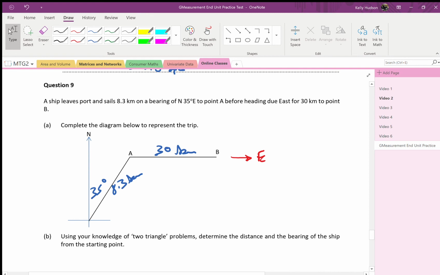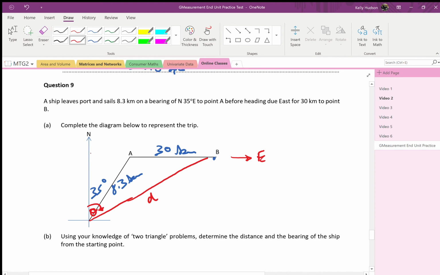So what we're going to do first is work out the bearing from the start, from here around. We'll put another line in here. I'll do it in red just to make it clearer. We're going to find the D, and we've also got to find this angle, which is the bearing from the start.